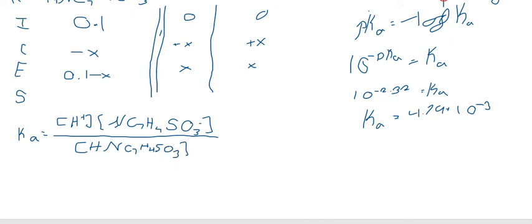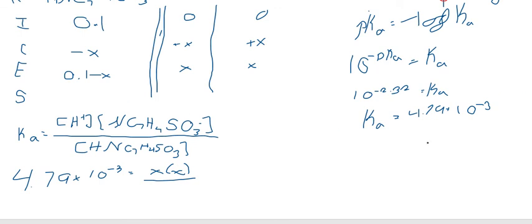Cool. Ka is equal to 4.79 times 10 to the negative 3. My H plus is x. My conjugate base is also x.